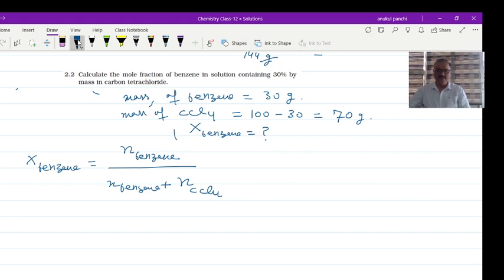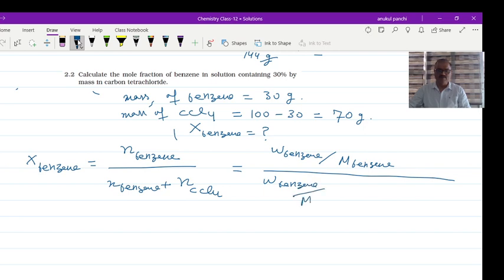Okay, and the number of moles of benzene will be equal to the given mass of benzene divided by the molar mass of benzene, upon the sum of the given mass of benzene upon the molar mass of benzene plus the given mass of carbon tetrachloride upon the molar mass of carbon tetrachloride.